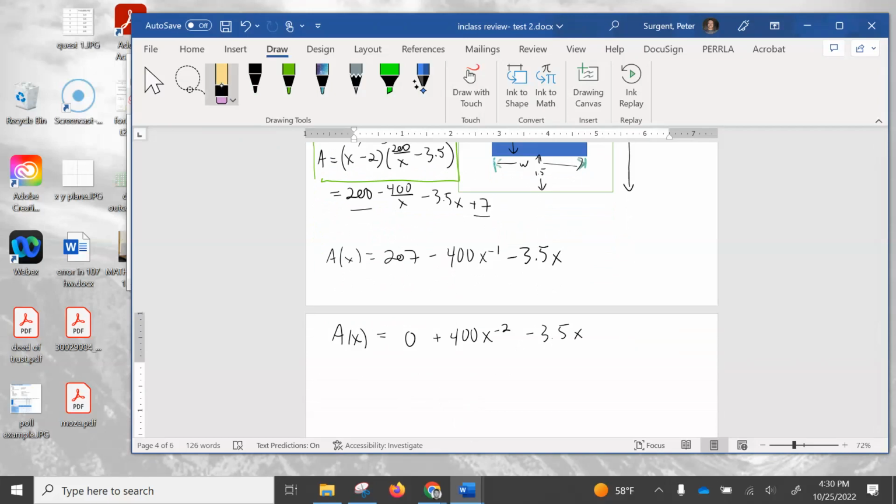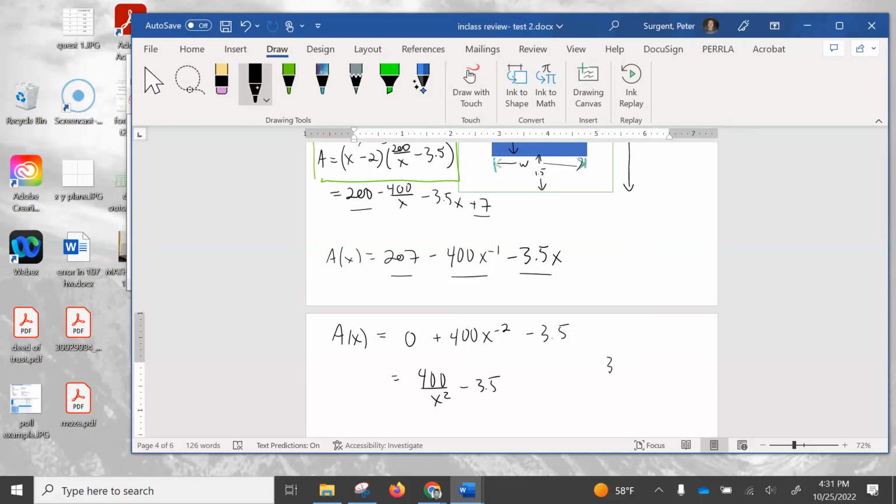That's right, that's what I got. So you did that by the product rule. When I take the derivative of this, I get 400x to the negative 2, and the derivative of that is just 3.5. So yeah, you get the same thing: 400 over x squared minus 3.5.